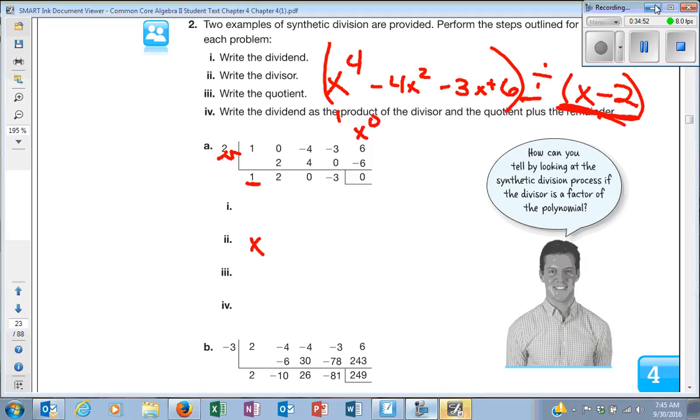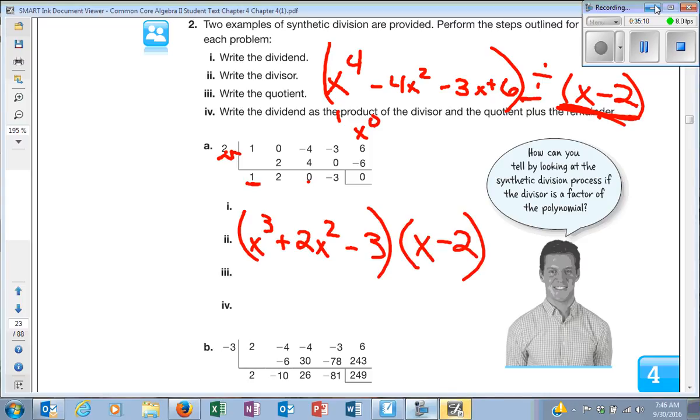So it's going to be x squared plus 2x, no x's, minus 3. And what I'm telling you is, if you took this right here and multiplied this by x minus 2, it would get you to this. Yes? Aha moments? Yes.